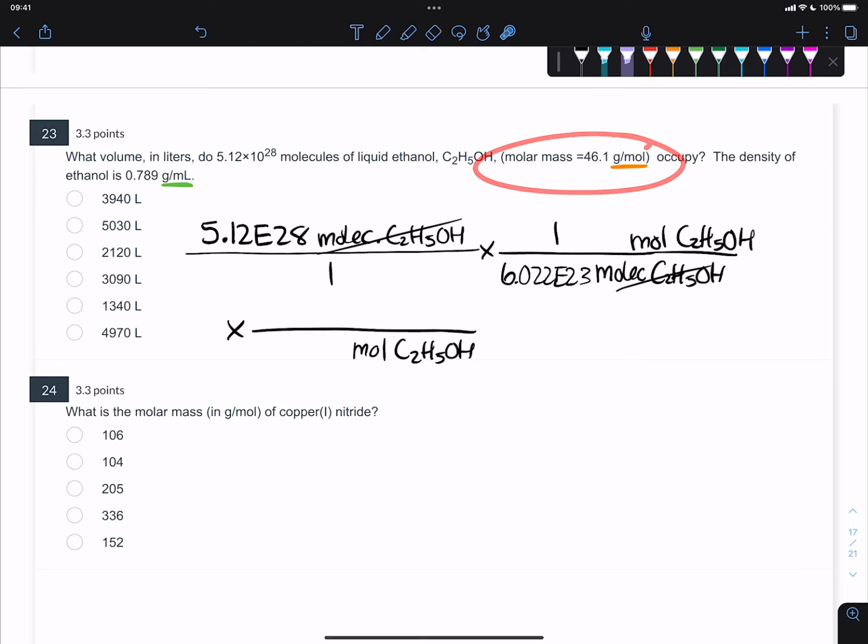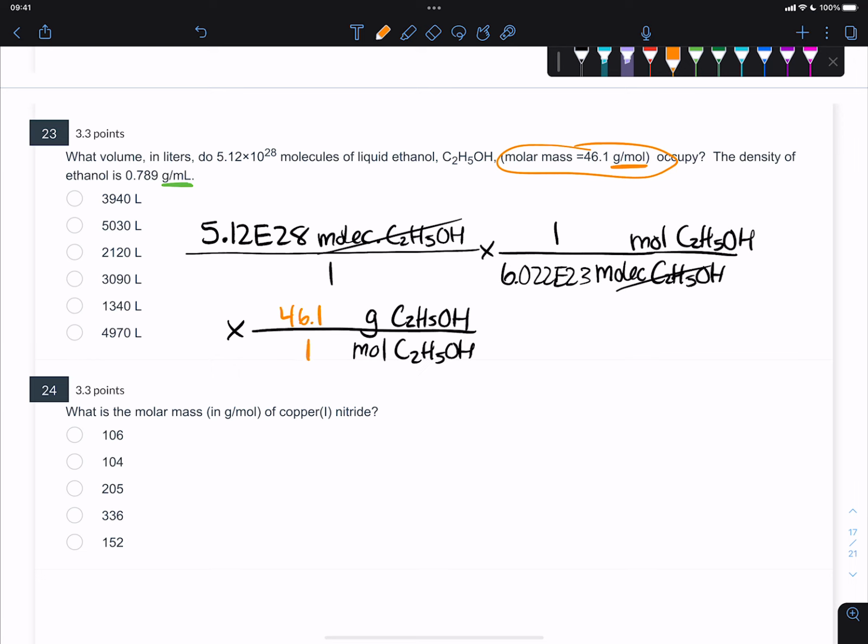Molar mass connects moles and grams, and then density connects grams and volume, which is what you're going toward. So it makes sense here to go from moles of ethanol to grams of ethanol, using, of course, this conversion factor, which says that there's 46.1 grams of ethanol for every 1 mole of ethanol.